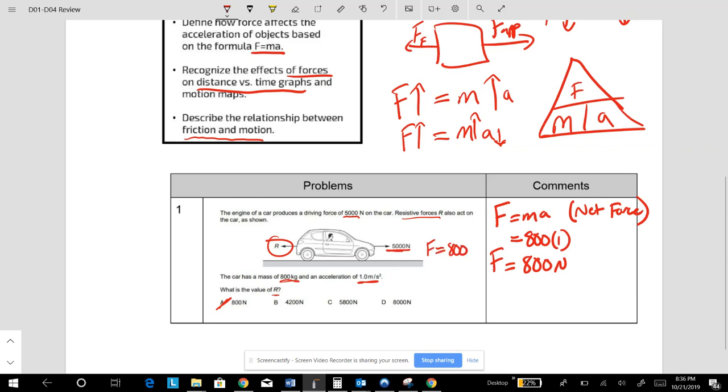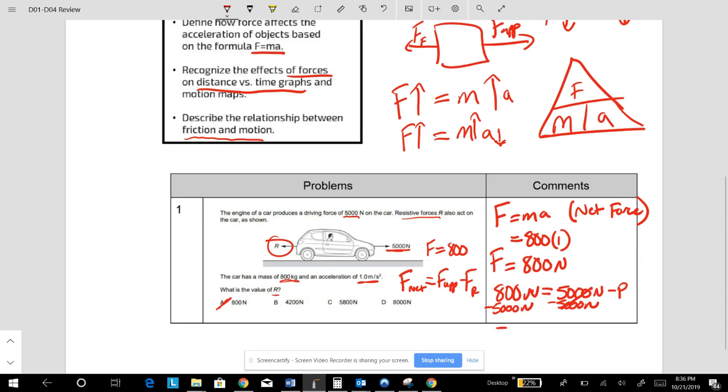So what I'd have to do to find the R force is, because this net force will equal the force applied minus the force of resistance or force of friction. So if I take that same idea, I have 800 newtons equals 5,000 minus R. So I take 5,000 to this, get rid of it, minus this by 5,000.